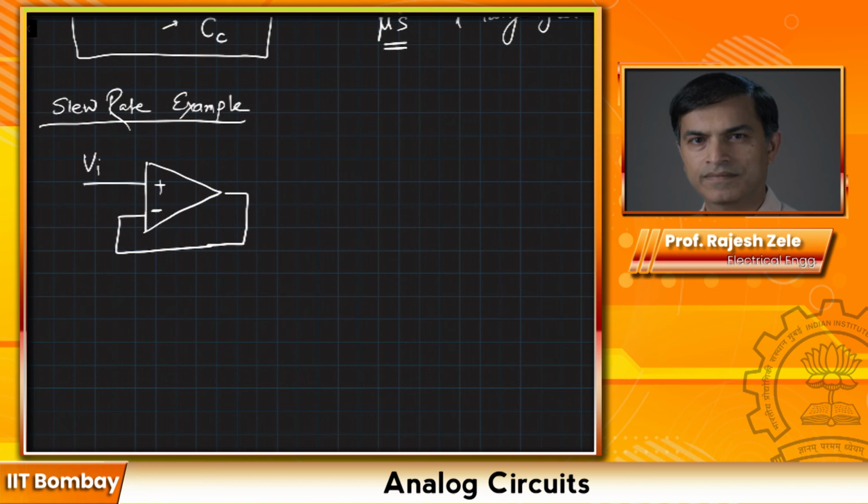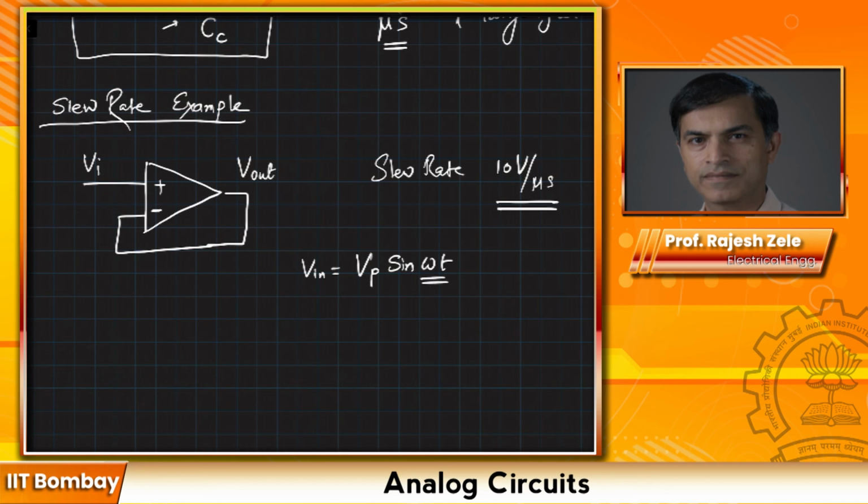Now let's say I apply Vin equal to Vp sine omega t. Let's say this is a sine wave that's going in, and we can figure out dVin/dt. The derivative of sine omega t is omega cos omega t, times Vp.